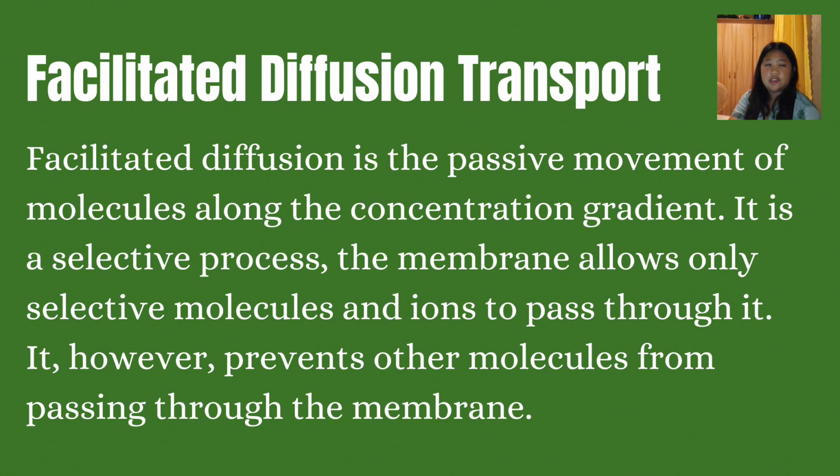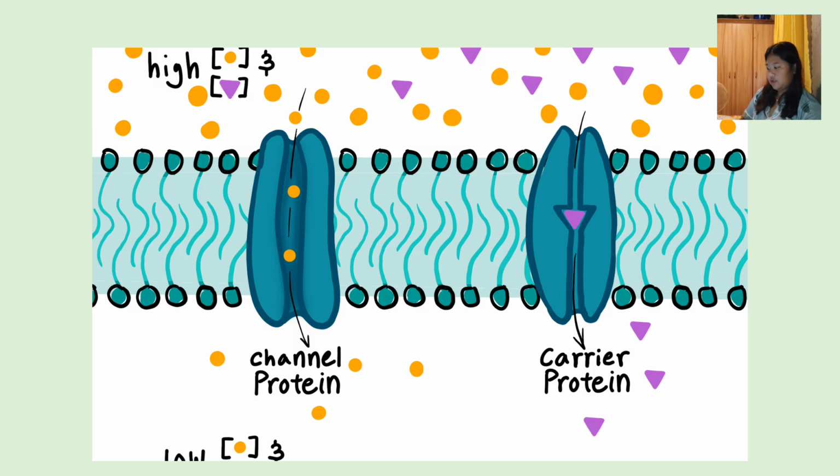Facilitated diffusion needs assistance, because the molecules going through the cell membrane are the bigger ones and the polar molecules. So it needs the channel protein, where the molecules can go through.